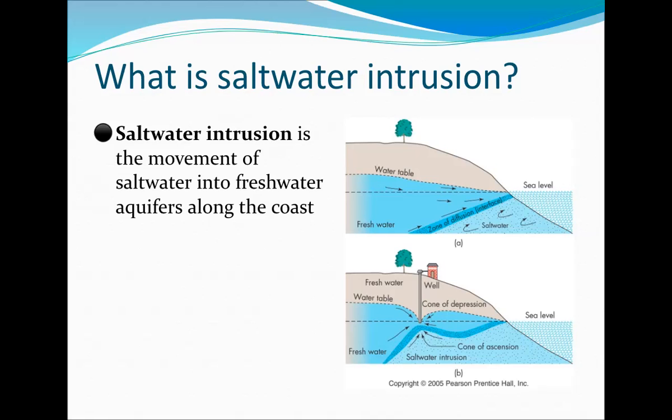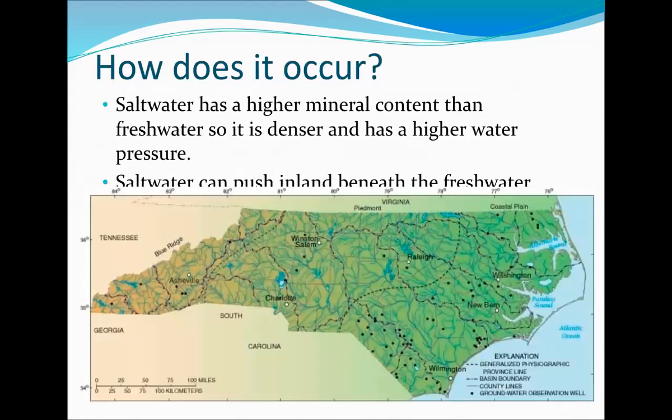Do they belong there? No. Okay, so they don't belong there. So they kind of just, you know, make their way in. Okay. So this is what is happening here. So saltwater intrusion is salt water intruding into freshwater aquifers.